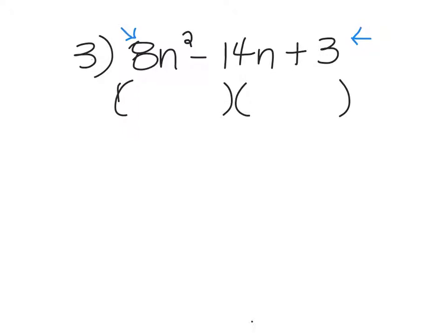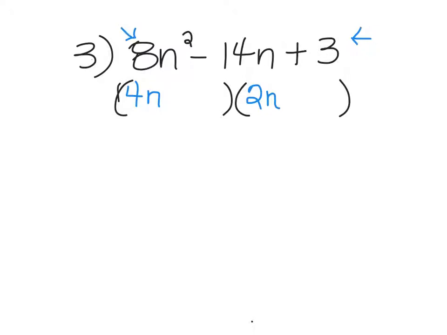I'll be honest, most of the time it's not going to be the 8 and 1. It's going to be the other factor. So I'm going to try 4 times 2. 4 times 2 is 8, and then that n squared is going to be n times n. Okay, I'm going to leave that there, and then I'm going to go look at the 3. The factors of 3 can only be 1 times 3.